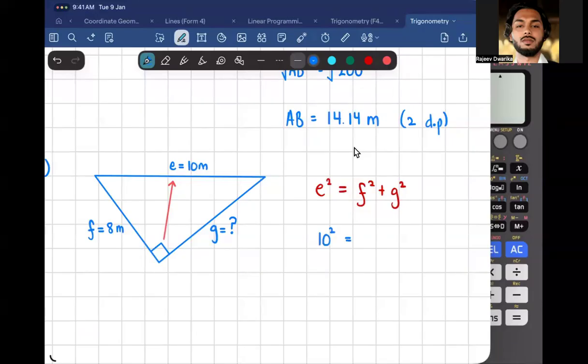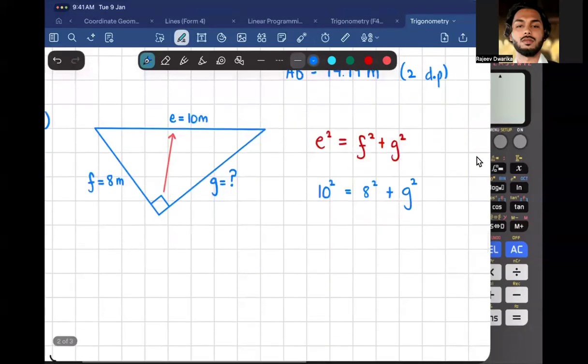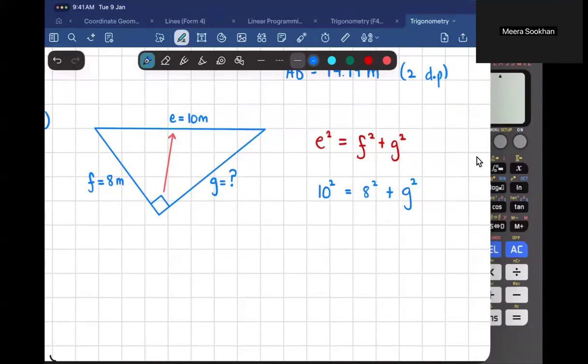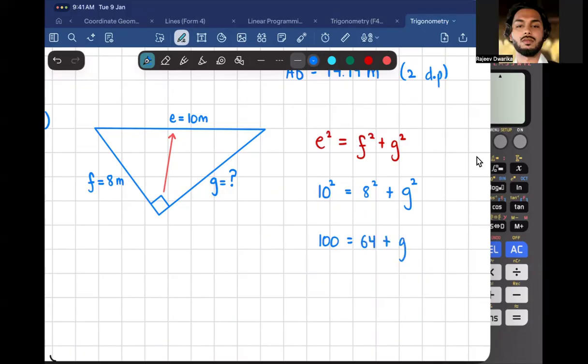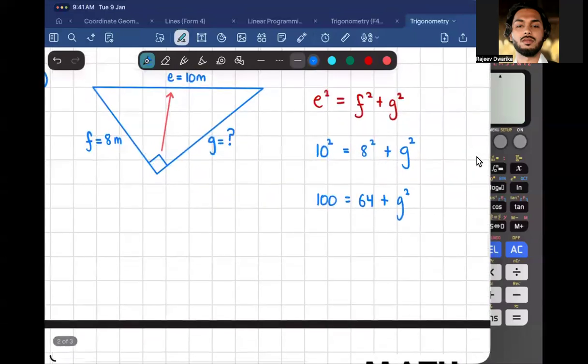What's F? F is 8, so 8 squared. And G is just G squared. Okay. What's 10 squared? 100. Right. What is 8 squared? 8 squared is 64. Plus G squared. Okay, what's next?